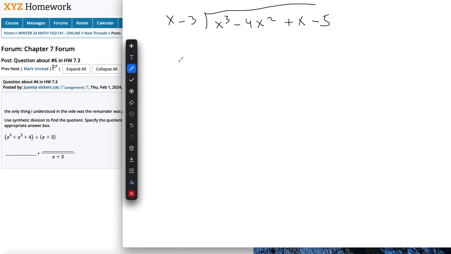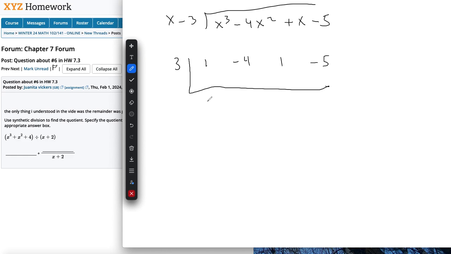Here, since it's an x minus 3, the zero would be a positive 3. And then we have a 1 on the x cubed, a minus 4 on the x squared, a 1 on that x, and that's what we're having the placeholder for on this one. And then the constant is minus 5. And we just see what it does.